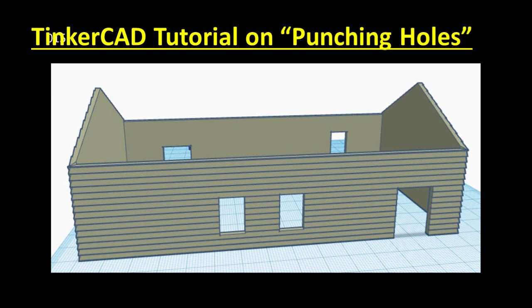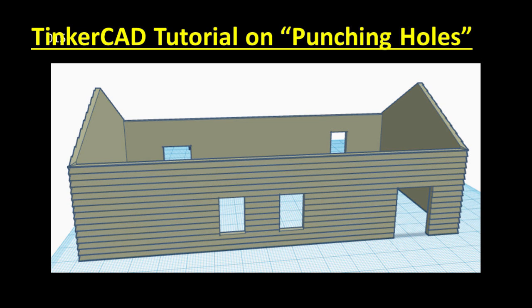At the Gateway 2022 NMRA conference, I presented a quickie tutorial on how the free CAD software could be used to punch holes in walls of a basic building to make spaces for windows and doors.